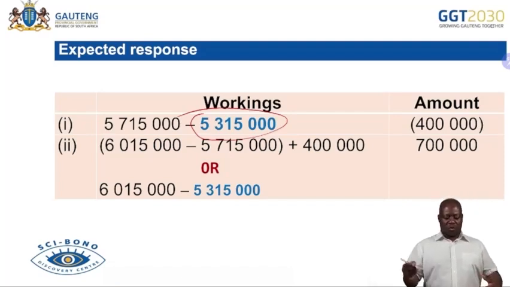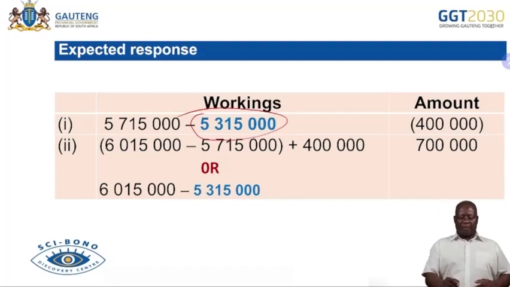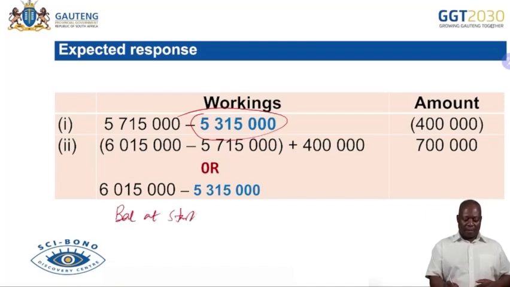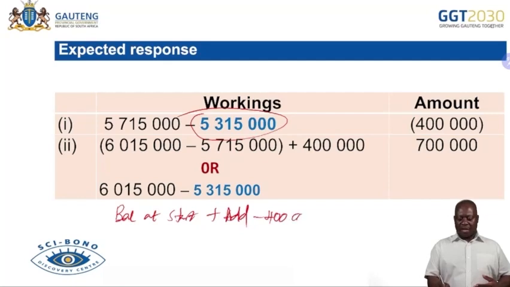But we can also do it this way. Remember, we are looking at the balance at start, and then plus additions, and we don't know how much it is, minus disposal, which we now know how much it is, right? 400,000. It's equal to the balance at the end.